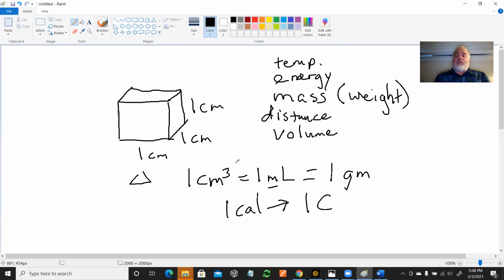Now, the actual formal definitions of these metric units, centimeters, milliliters, grams, calories, centigrade, are much more complicated science, to be extremely precise. So what I'm telling you here is just true, but not as precise unless you define it in much more complicated ways.